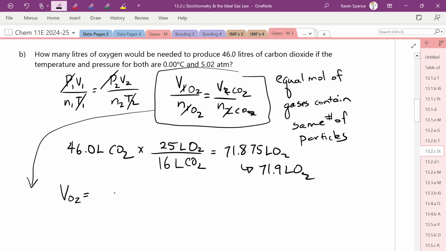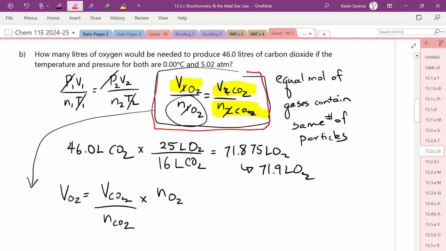But if we used this one here, we would have our volume of O2 is equal to our volume of CO2, so we got this and this over our moles of CO2, and then times our moles of O2. So what we've done is we've solved this equation for volume of O2.